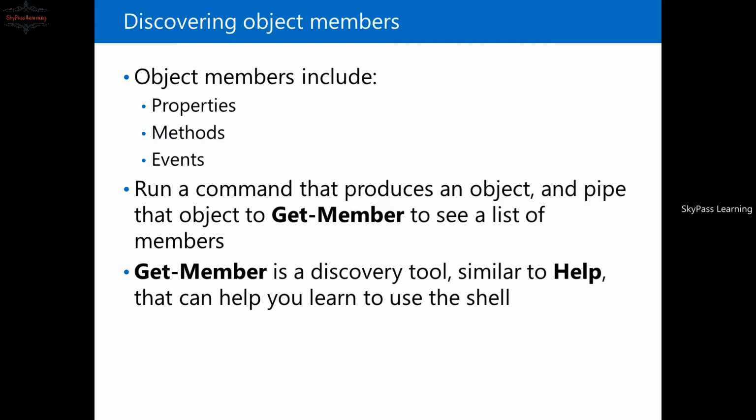It will show all the properties, methods and events that are associated with that object member. The properties are basically the attributes of that object, the methods are the actions that can be performed on that particular object, and the event triggers when something happens. So let me quickly show you how it's basically working.